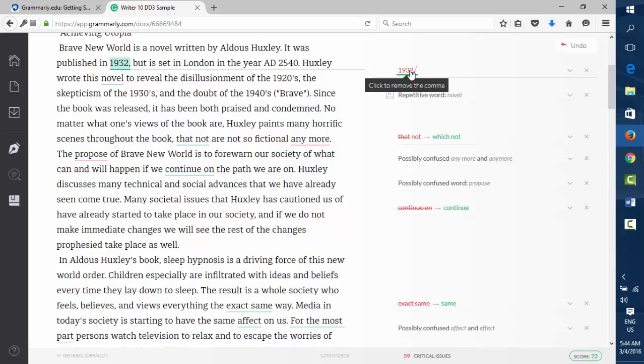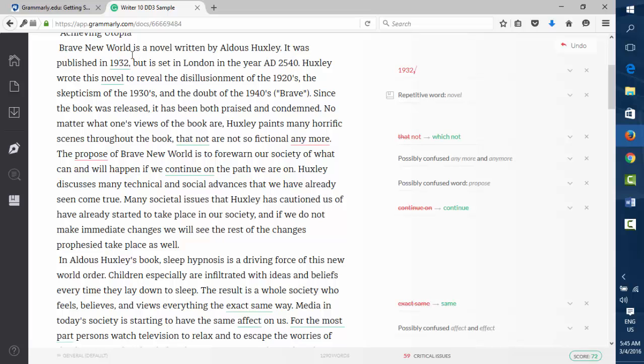I don't want to do a lesson on comma usage here, but there are times when you need commas, and there are times when you want to place a comma in and it's optional, but you can place one in to provide an indication of pause for the reader, or to give separation in the sentence and so on. Okay, it was published in 1932, but is set in London in the year AD 2540.